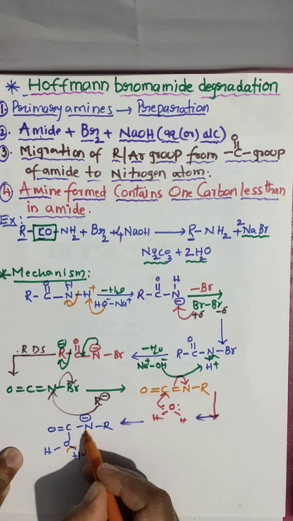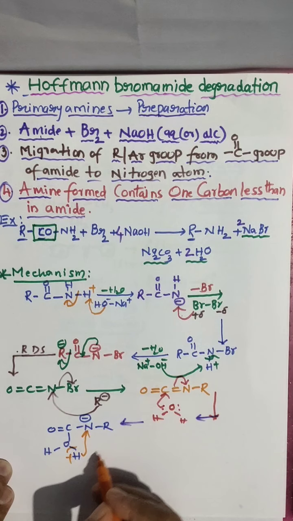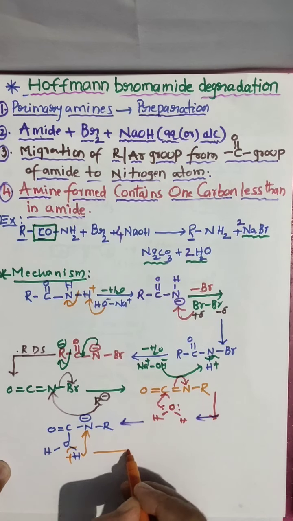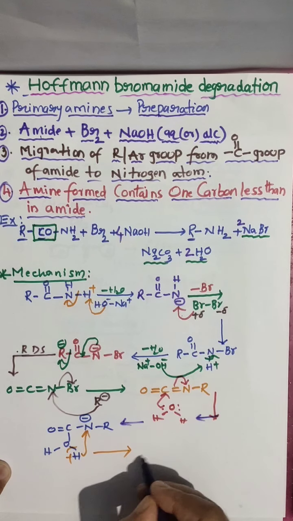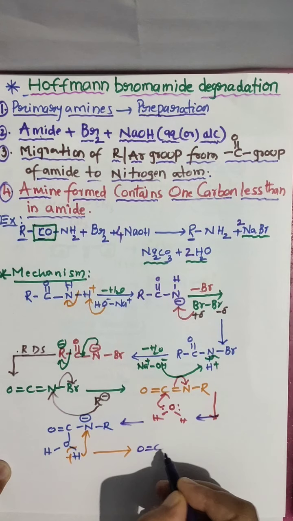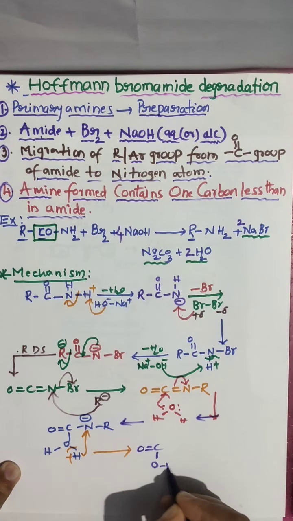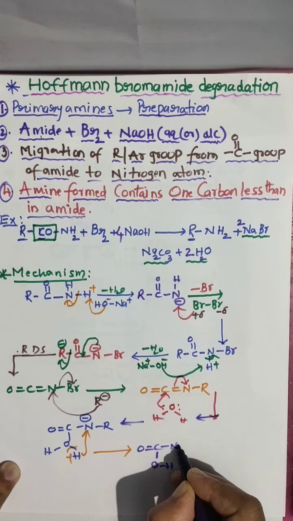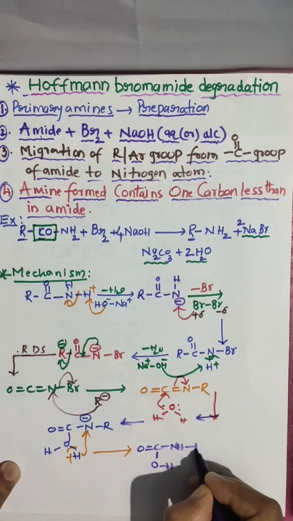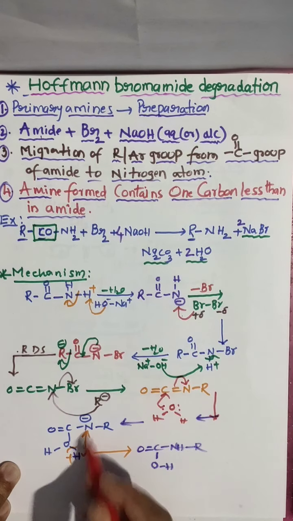This hydrogen will attack on here. This is plus. Clear? Then you are getting the next intermediate, O=C, here we have OH, OH, N-H, R. This hydrogen we attached here.